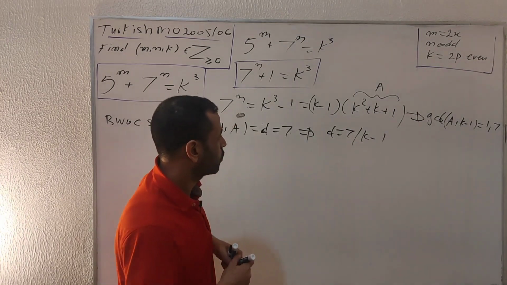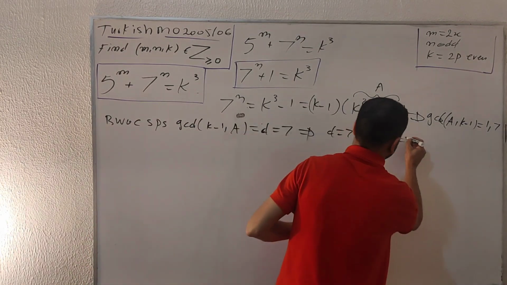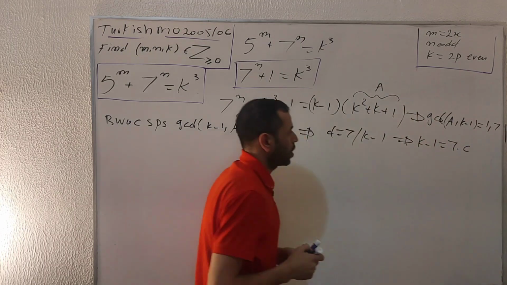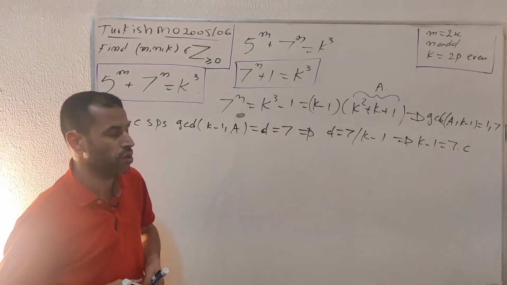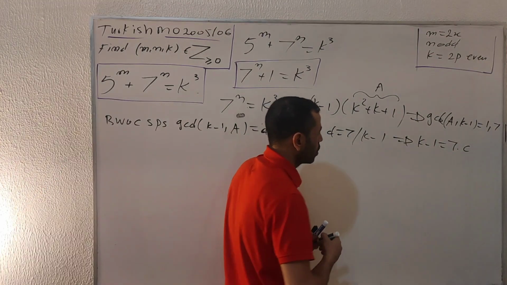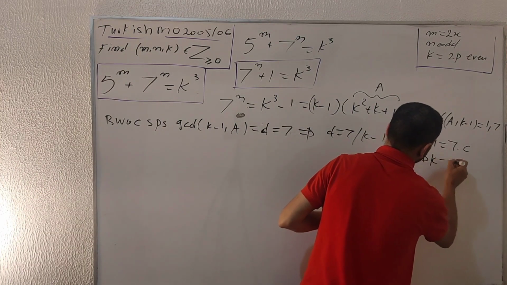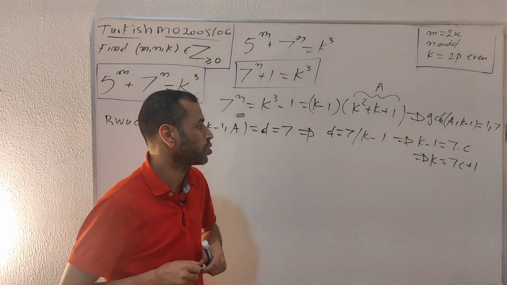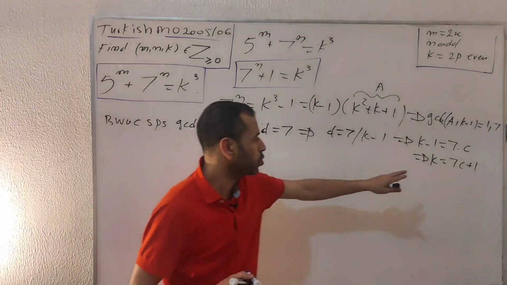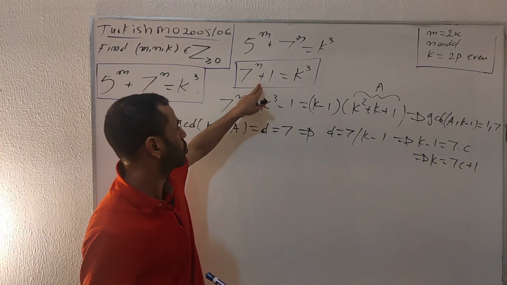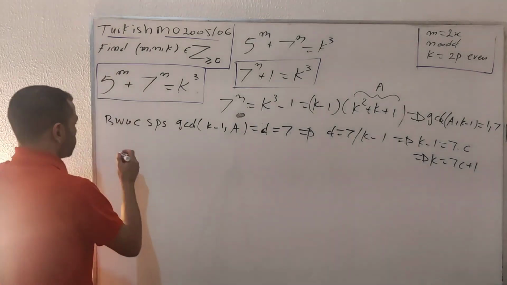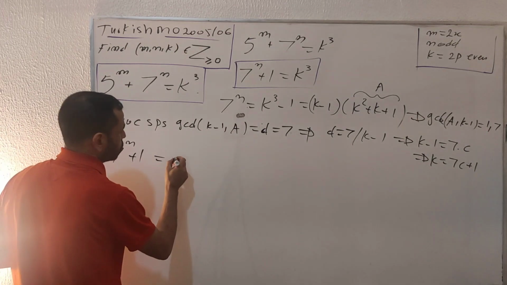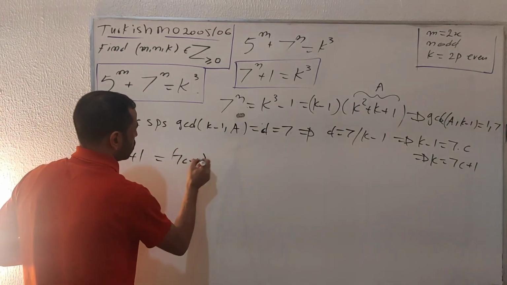If k minus 1 is a multiple of 7, then k minus 1 equals 7 multiplied by another non-negative integer c. Then this tells us k equals 7c plus 1, by taking minus 1 to the right side of this equation. Then I'm going to take this fact and insert it into the original equation to see what it gives us. So we'll have 7 to the n plus 1 equals k cubed, which is 7c plus 1 cubed.